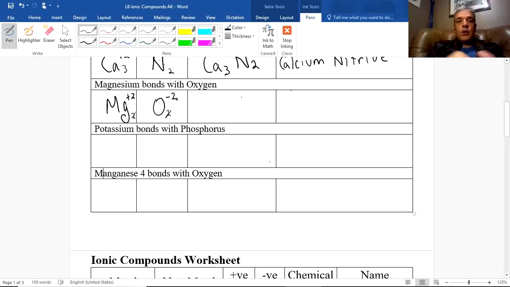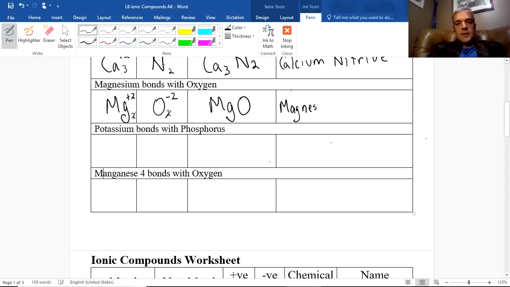So we only need one of each. We don't need two of each. So we can write this as magnesium oxide. And we don't write the ones in because it's assumed one as soon as we have it there. And we are done. Just 1 and 1. And when we write the name of this out, again, magnesium is exactly the same.